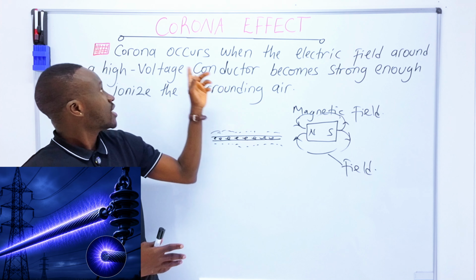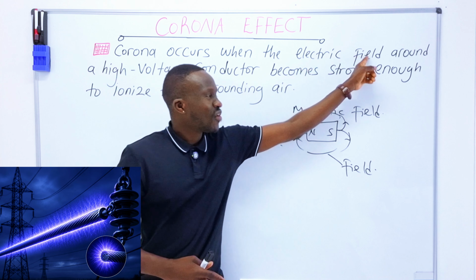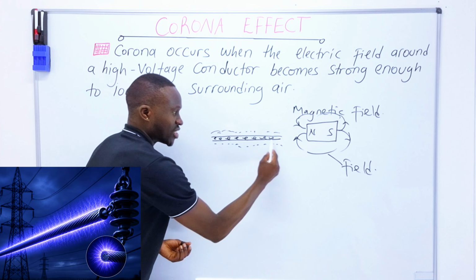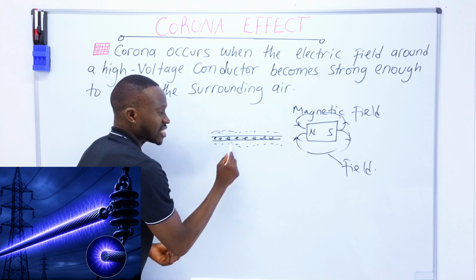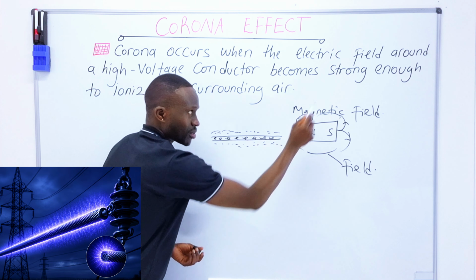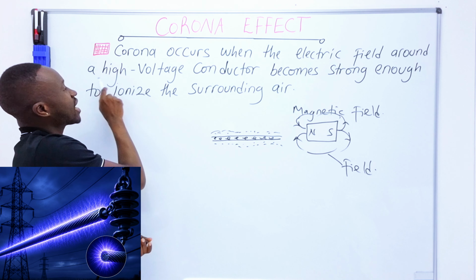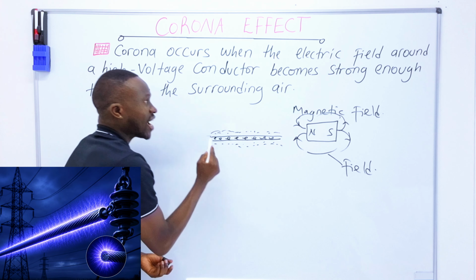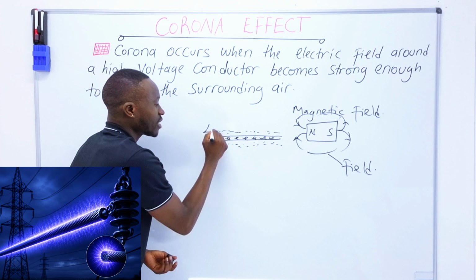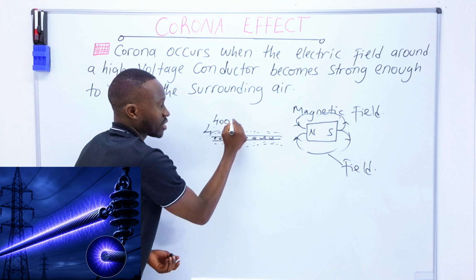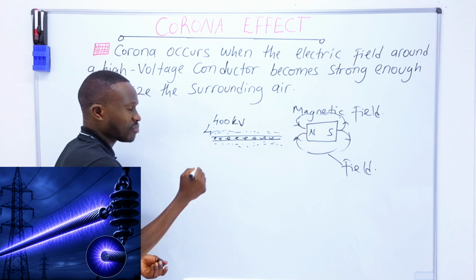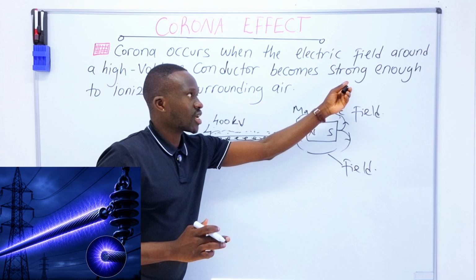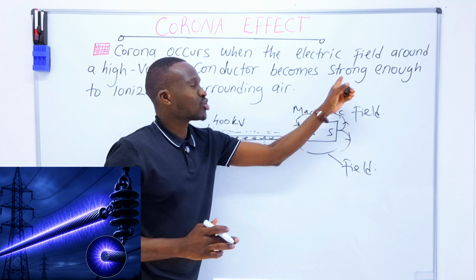Corona effect occurs when the electric field, this is our cable carrying electricity, this surrounding area, when the electric field around a high voltage conductor, now this is the conductor, a high voltage conductor, let us say it is carrying 400 kilovolts, becomes strong.